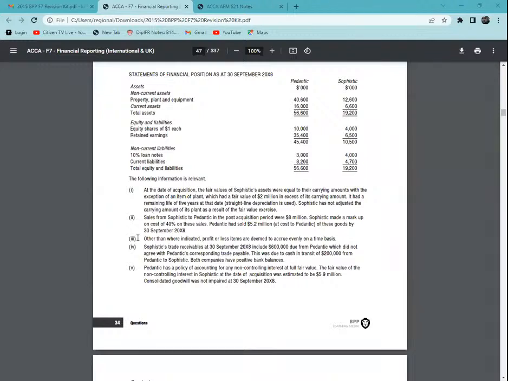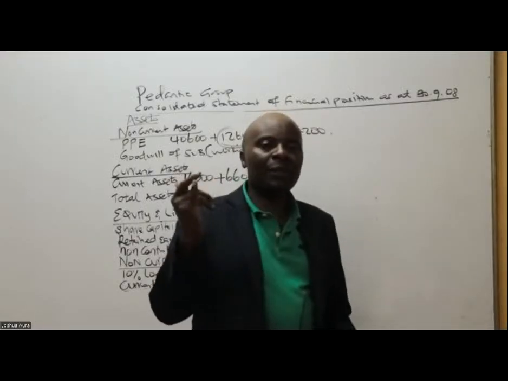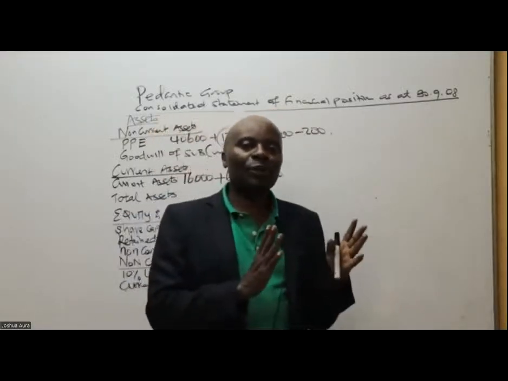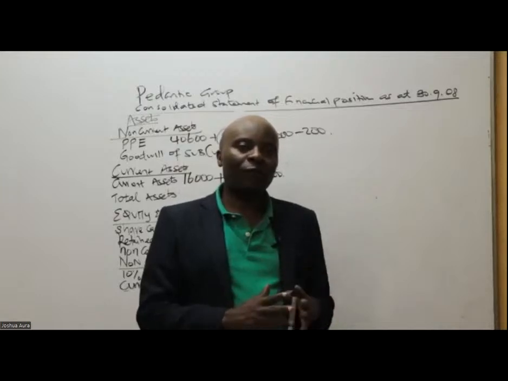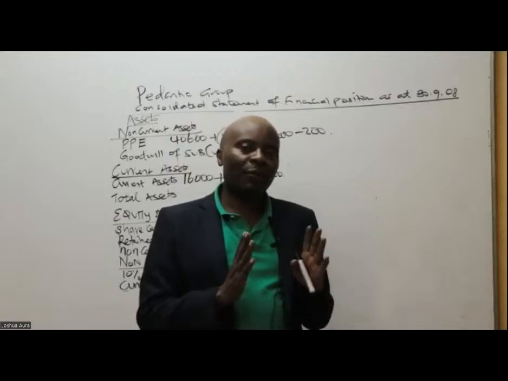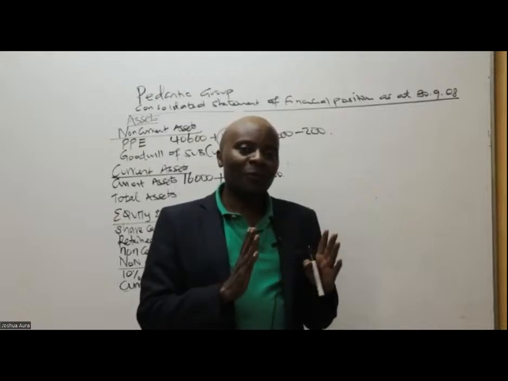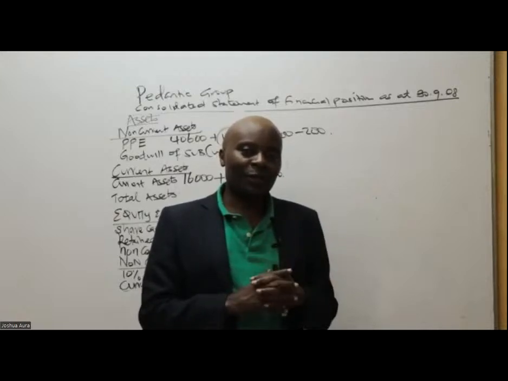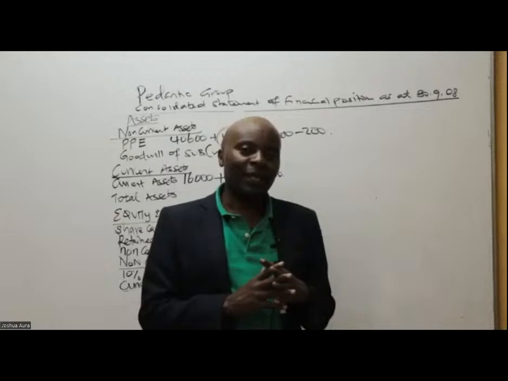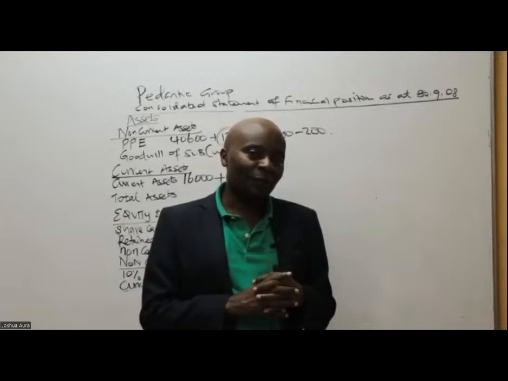Number 4, Sophistic trade receivables at 30th September 08 include 600 due from Pedantic. Ladies and gentlemen, please never forget, within the family, we have a husband, we have a wife. If, for example, this morning my wife asked me for 100,000 shillings, and I give her, do you think I'll ever recover that money from this great lady?